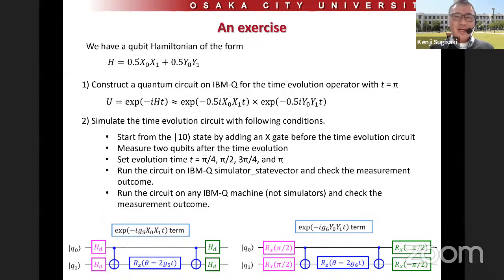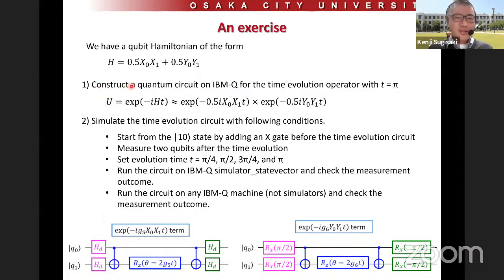I will give you an exercise problem. We have a qubit Hamiltonian of the form H equals 0.5 X0 X1 plus 0.5 Y0 Y1.